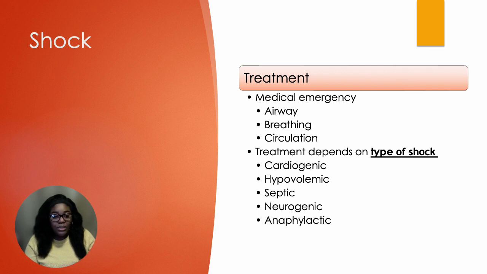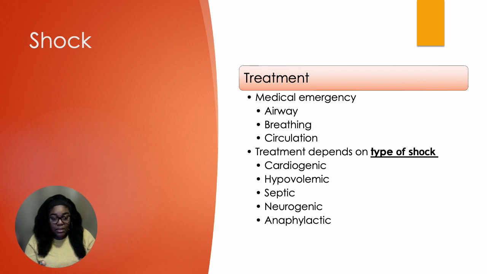So again, treatment depends on the type of shock. Hypovolemic shock, for example, depending on if they lost too much urine or just volume overall, you may see blood transfusions happen emergently for a person with hypovolemic shock. Particularly with that case, you'll see that in individuals that have traumatic wounds, gunshot wounds that are bleeding profusely, or individuals that were in bad car accidents.